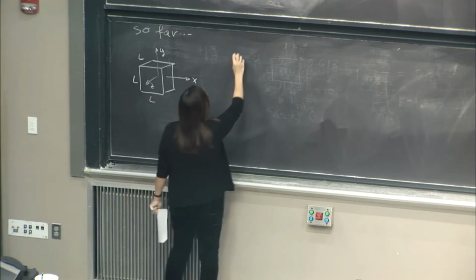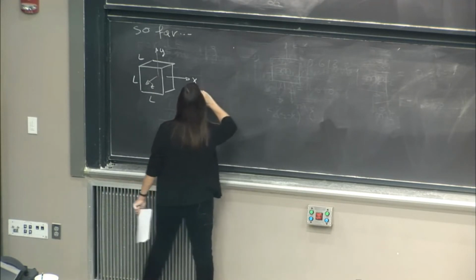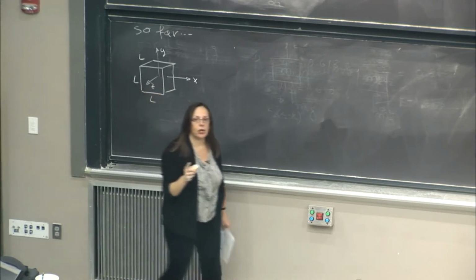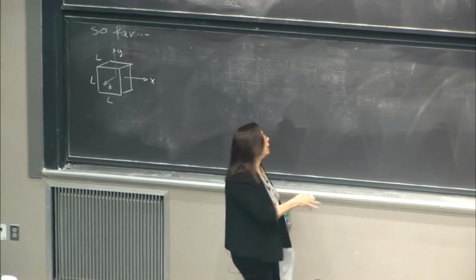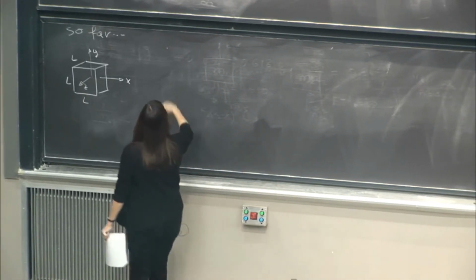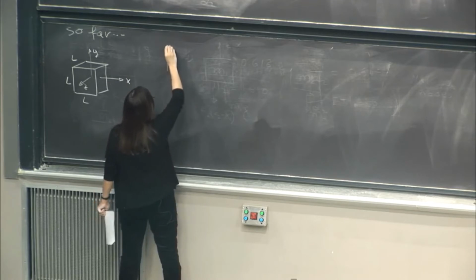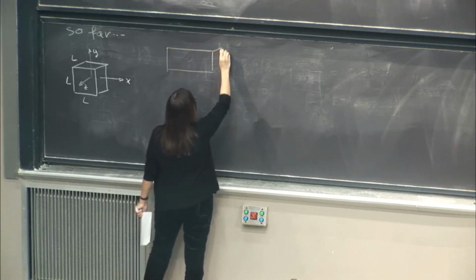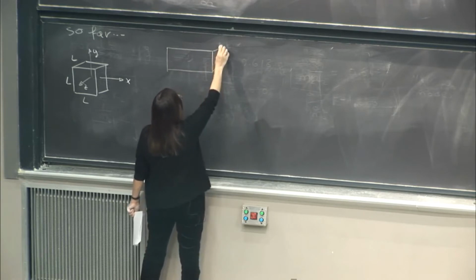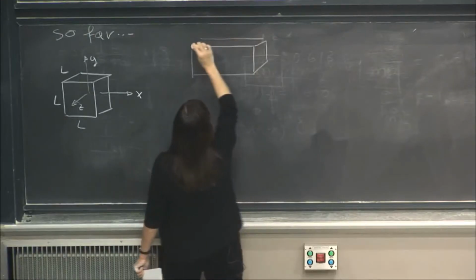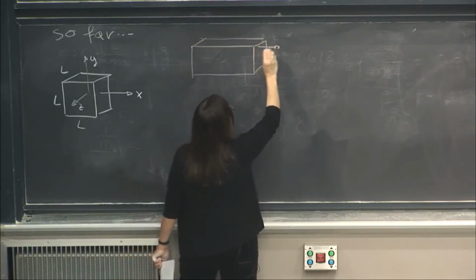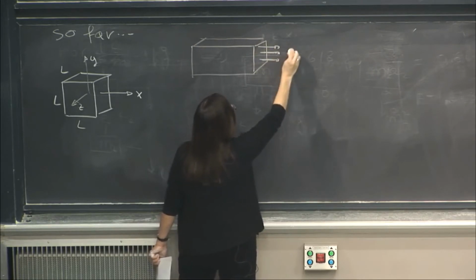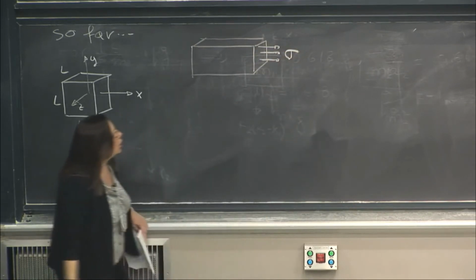One thing that we know is that if we load the material in uniaxial loading, so now I'm going to do uniaxial loading about the x-axis. If I take this block and load it along the x-axis, I apply a normal stress, what we call sigma, along the x-axis.